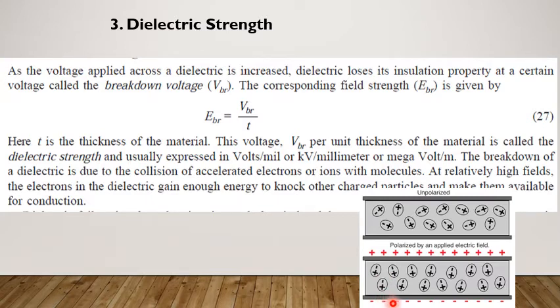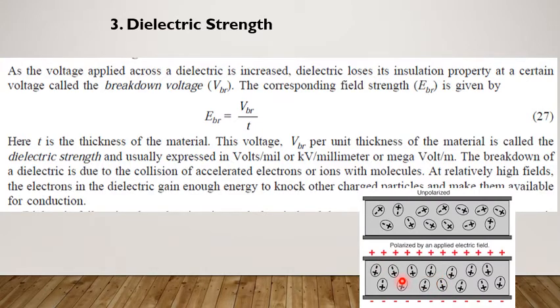The electrons which are coming at the negative plate will collide with these dielectric molecules, and due to collision with the electrons present in the molecules, these molecules eject electrons.